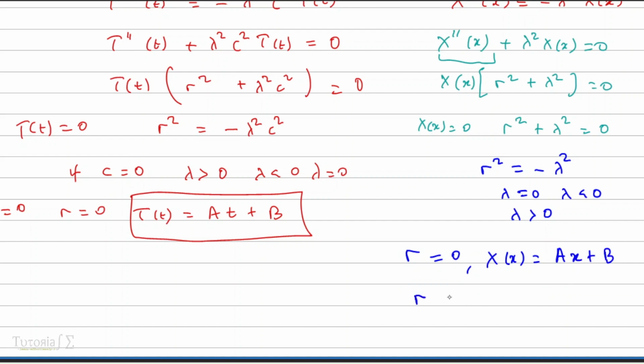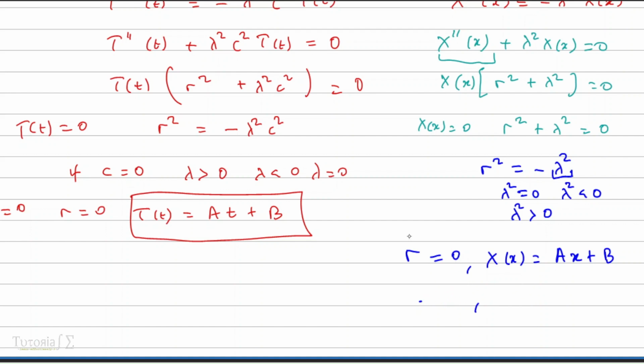When lambda squared is greater than 0, this part will be a positive number.